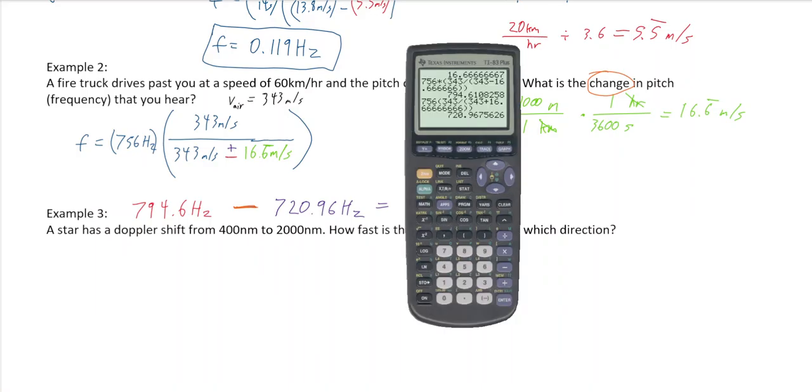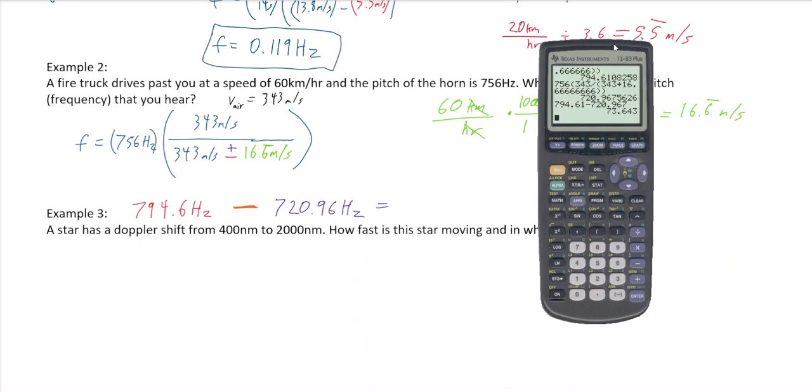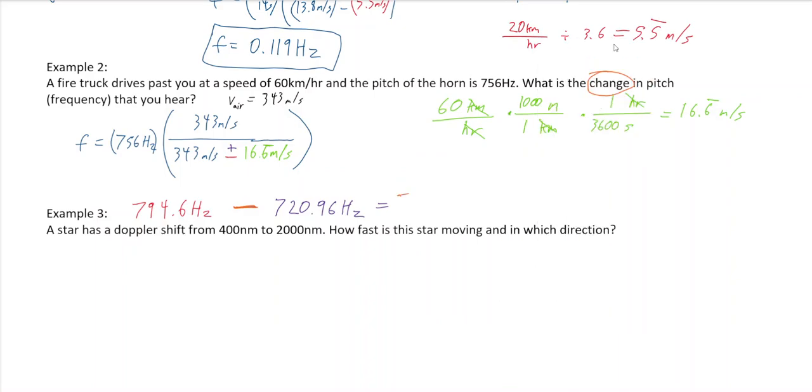So we're going to have 794.61 minus 720.967, and we're going to get 73.6 hertz. This is the change in pitch that we were able to observe.